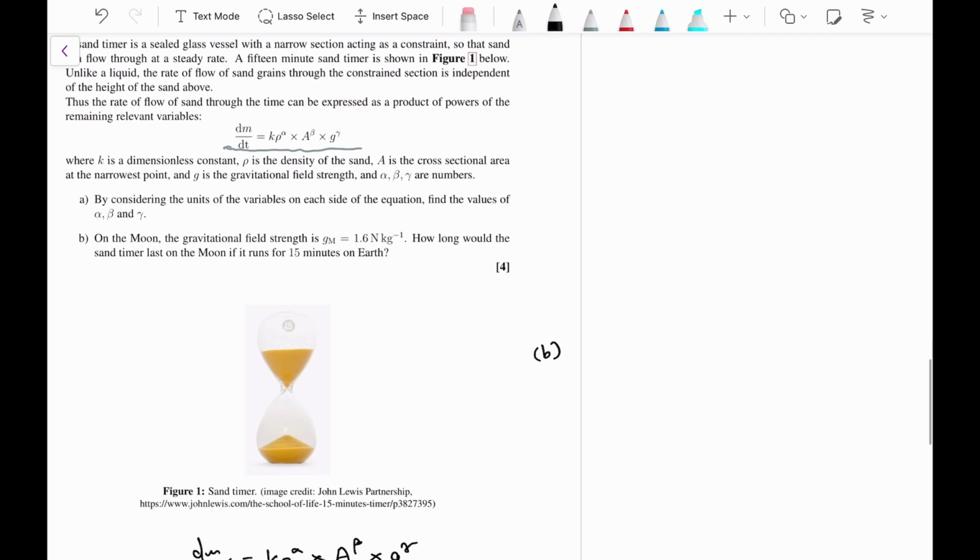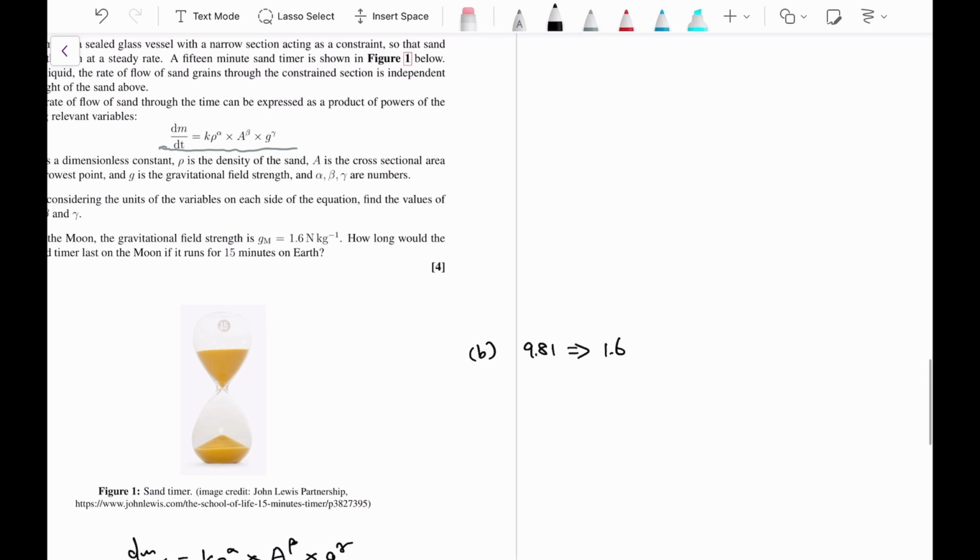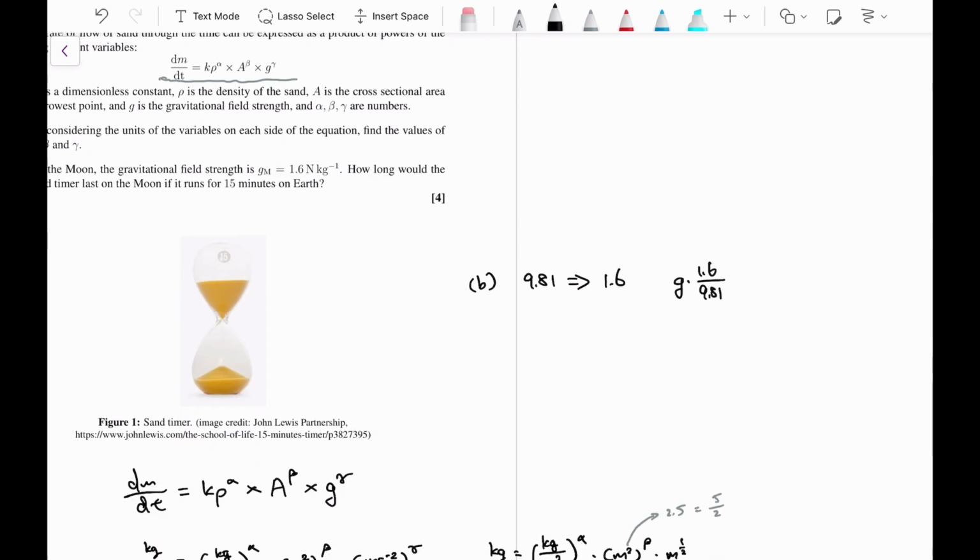So over here, the idea is that the fractional change, 9.81 becomes 1.6. So initially it's g, then it will be equal to g times 1.6 over 9.81. Now the new dm over dt will be equal to, which is basically just 15... no, it's not.